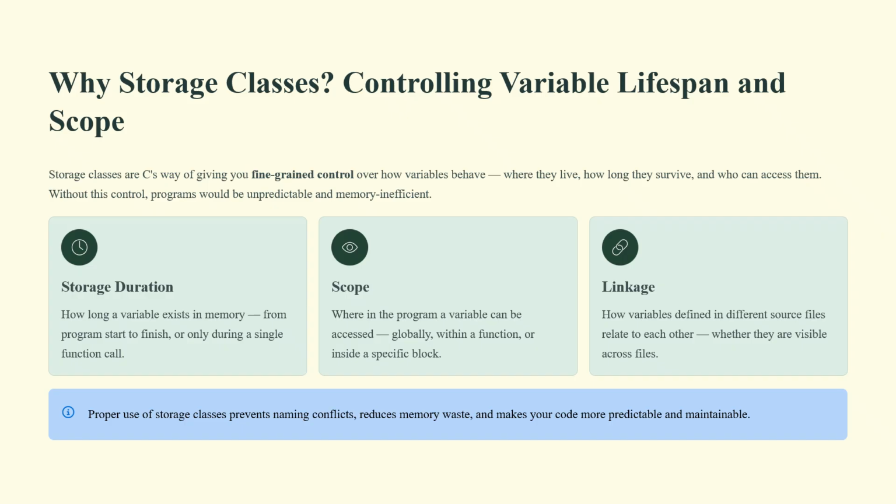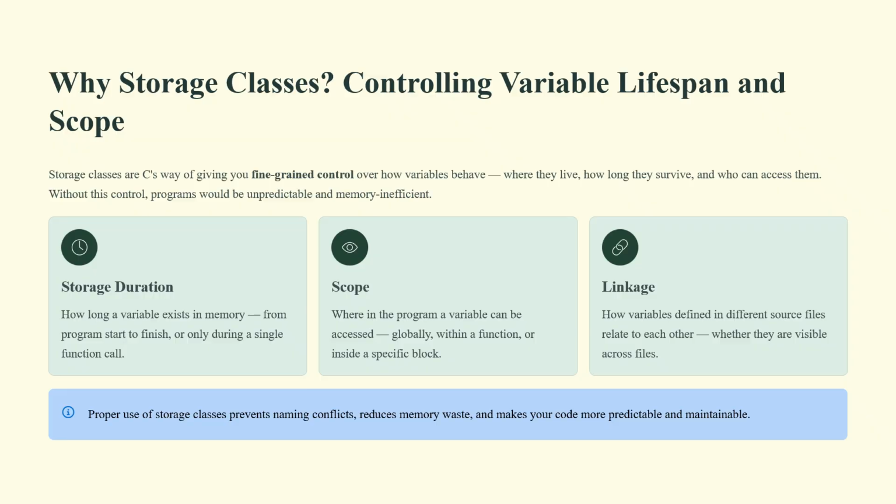Storage duration: how long a variable exists in memory. In this, we have automatic and static. Automatic exists during function execution; static exists throughout the program. Scope: where a variable can be accessed.